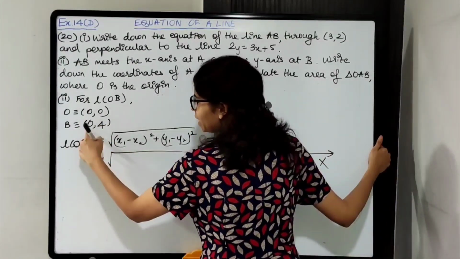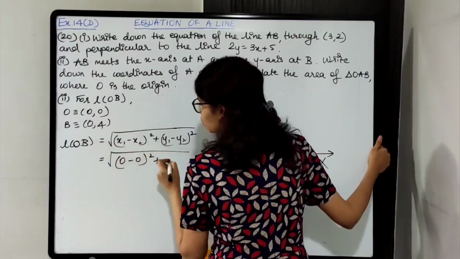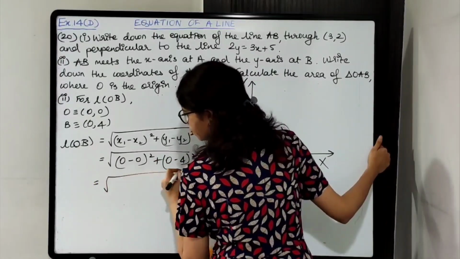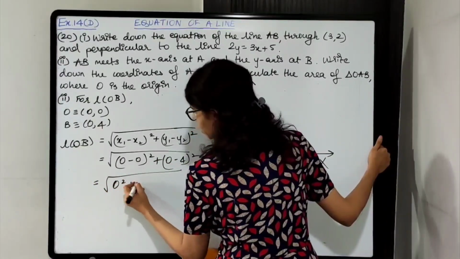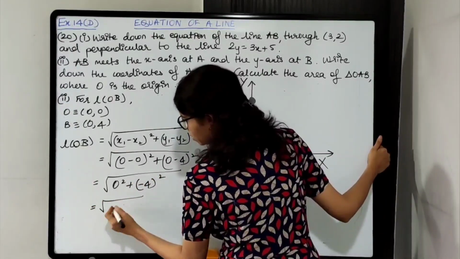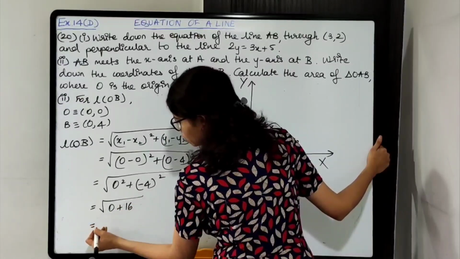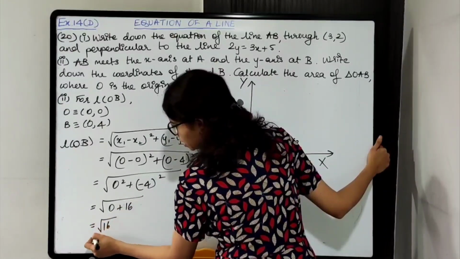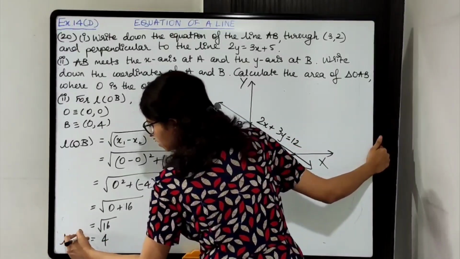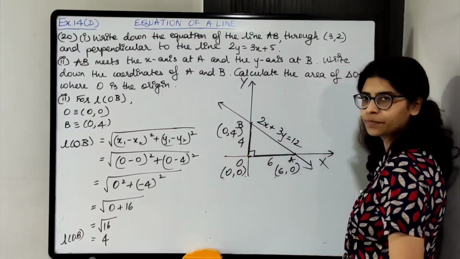So 0 minus 0 the whole square plus 0 minus 4 the whole square. ये हो जाएगा 0 square minus 4 का square. So that gives 0 and 4 का square is 16. So square root of 16 is nothing but 4. Okay, so length of OB is 4. This is 6, this is 4.